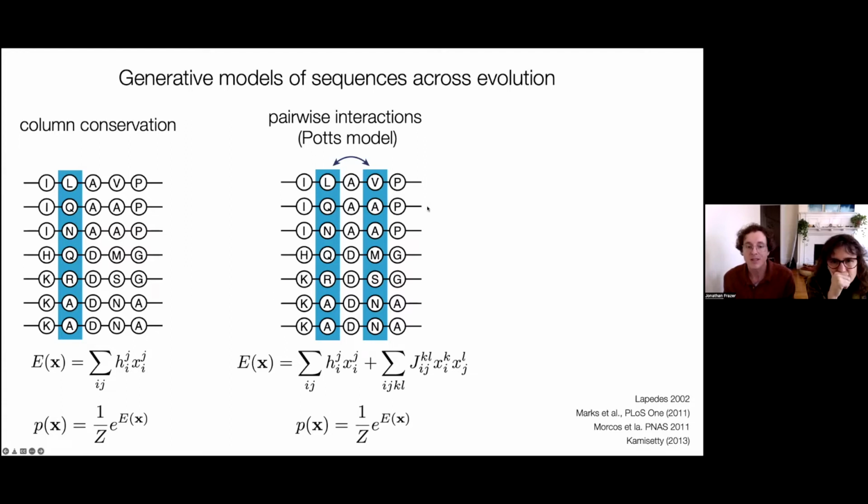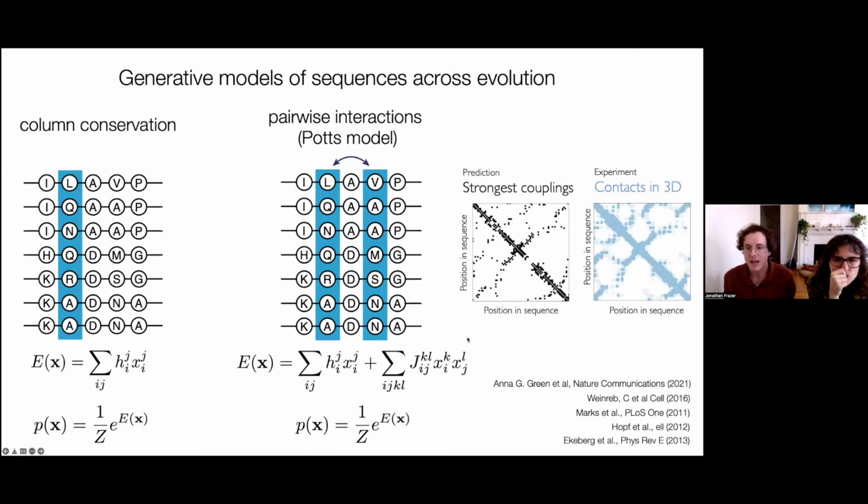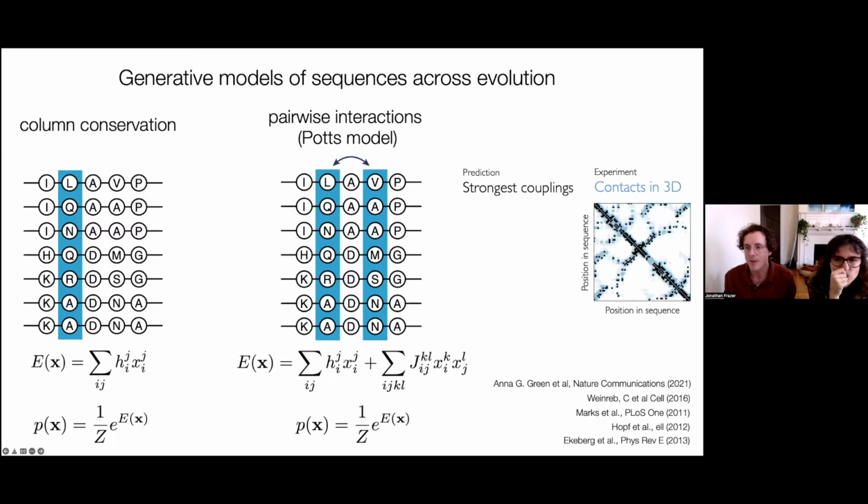This model actually has a really long history in our lab, not for mutation effect prediction, but for structure prediction. If you take the magnitude of these Jij terms, say computing the Frobenius norm, then you can plot the largest Jij terms as a function of position, and you get a map like this. And what's lovely is that if you compare this to the crystal structures that people obtain, then you often get a really fantastic overlap.